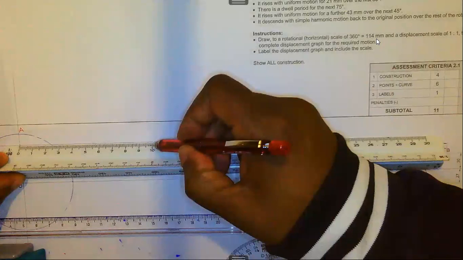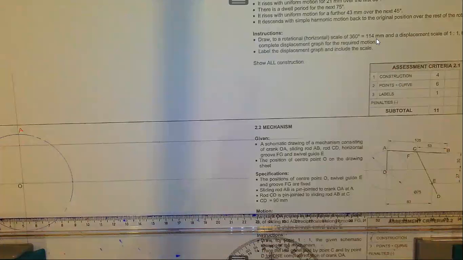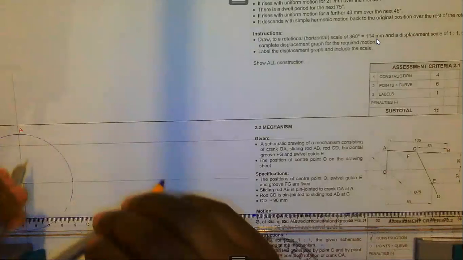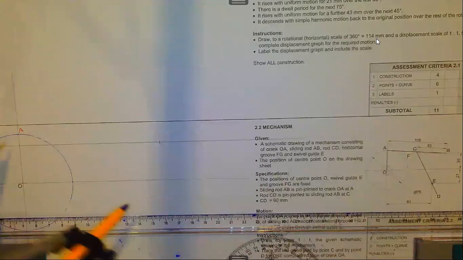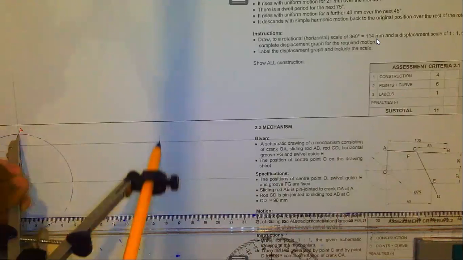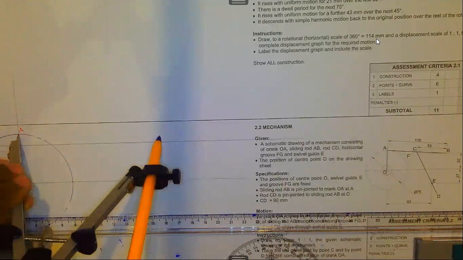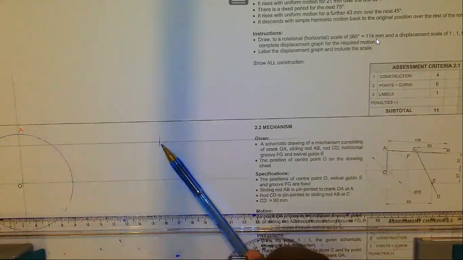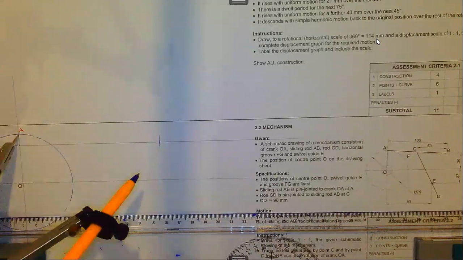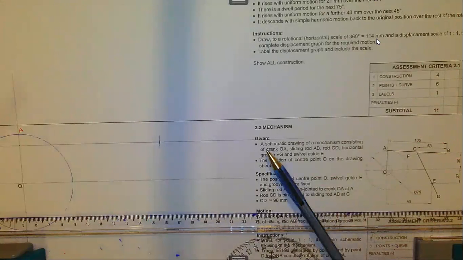Measure and then open your compass to that respective distance. Point A, right? And you describe an arc. So the distance from here to there is 105. If you stand at point A, you describe point B. So we are going to say this is our point B there.